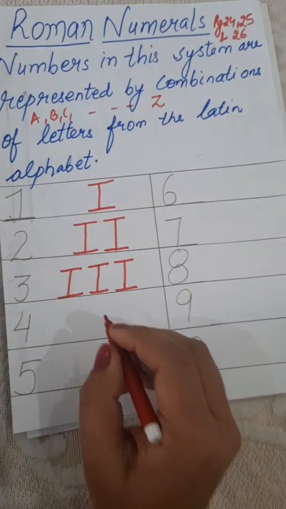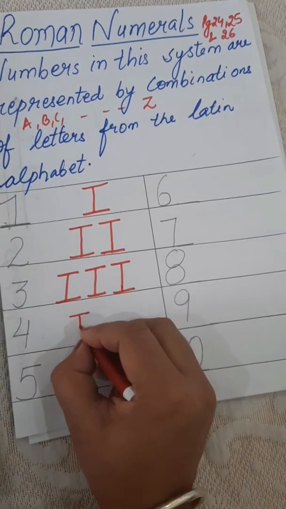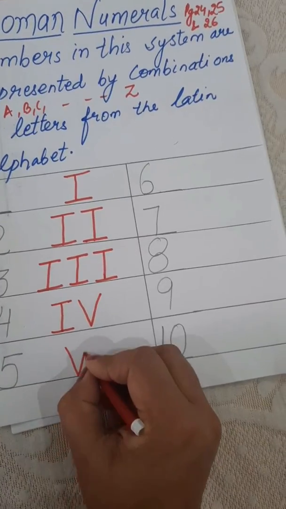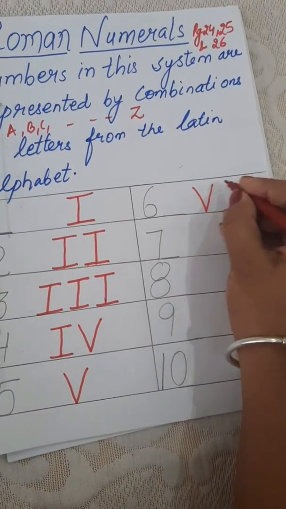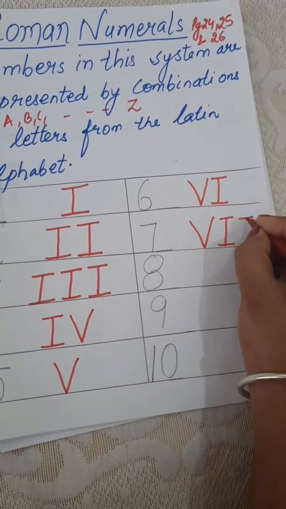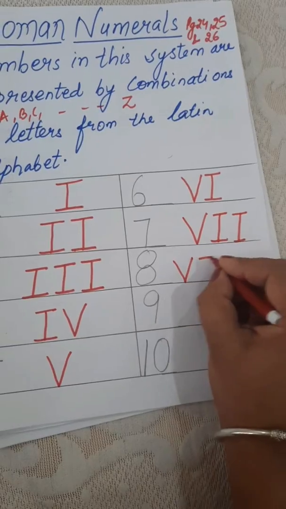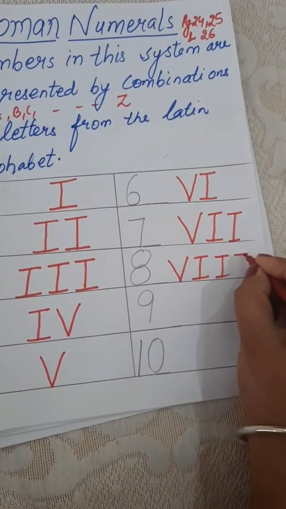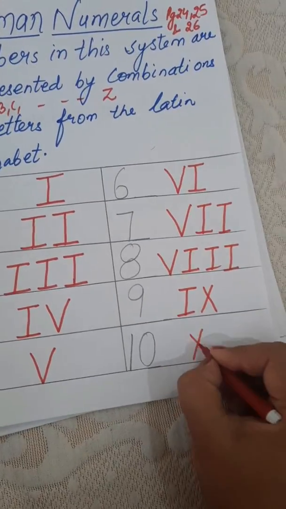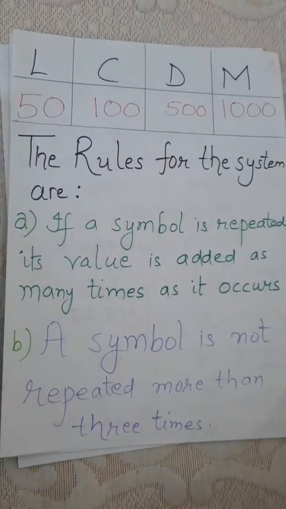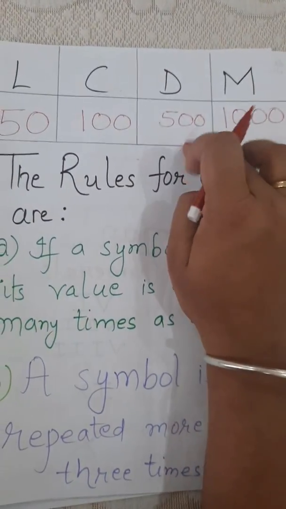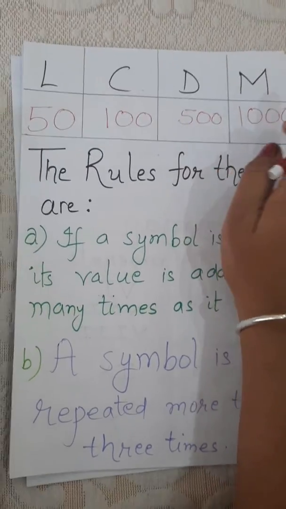Always use capital letters while writing Roman numerals. Now 4, then 5 is V, 6 is VI, then 7, 8, 9, then 10. Then for 50 we have L, for 100 C, for 500 D, and for 1000 M.